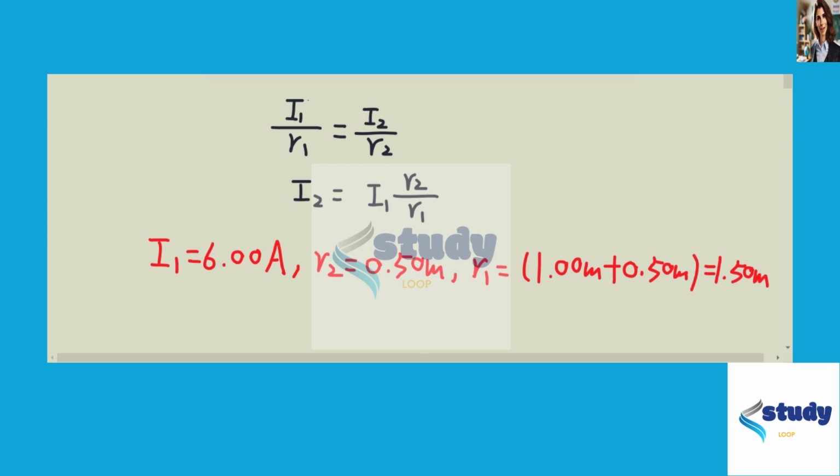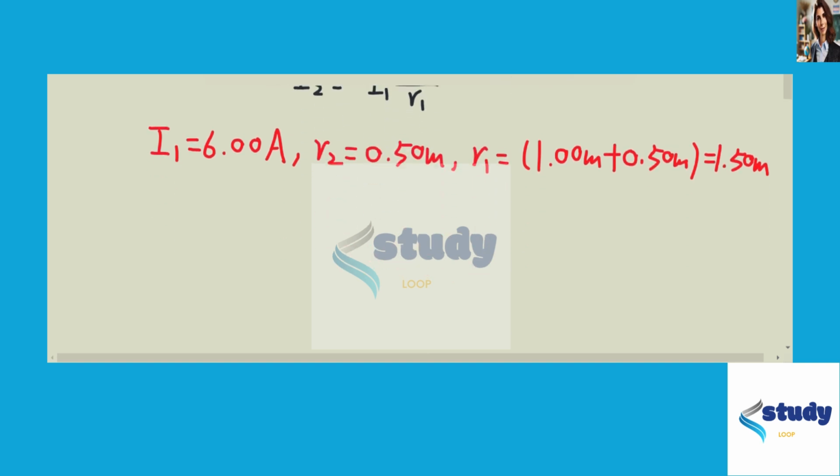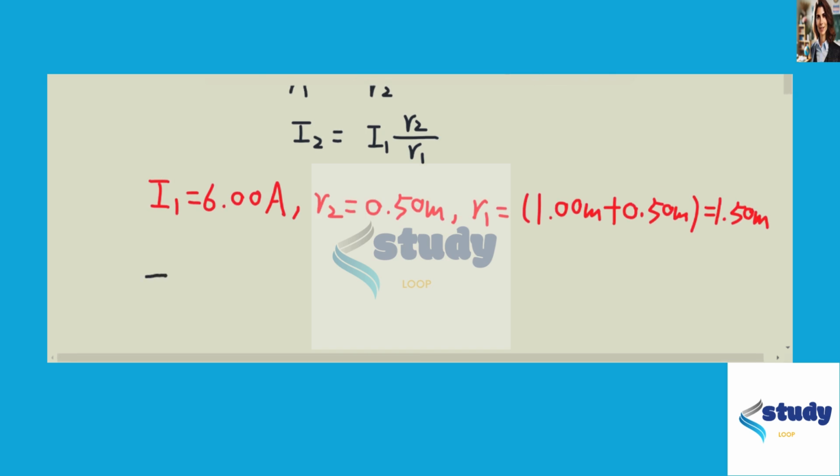So we know I1 is 6 ampere, R2 is the distance between wire 2 and point P, which is 0.50 meter, and R1 is the distance between wire 1 and point P, which is 1.50 meter. So therefore, let's determine I2.